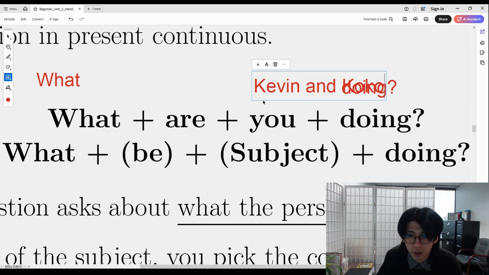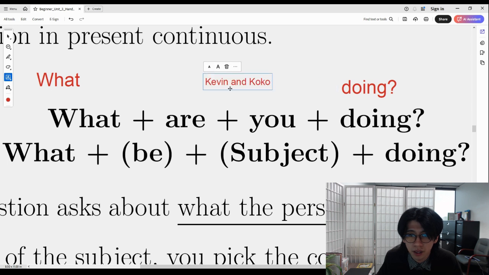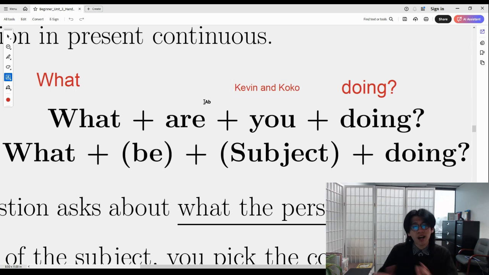Kevin and Coco. And I'll make this a little bit small. Okay. Kevin and Coco, and we have doing at the end. What verb to be do you want to use for Kevin and Coco? Is it Kevin and Coco is, Kevin and Coco am, Kevin and Coco are?